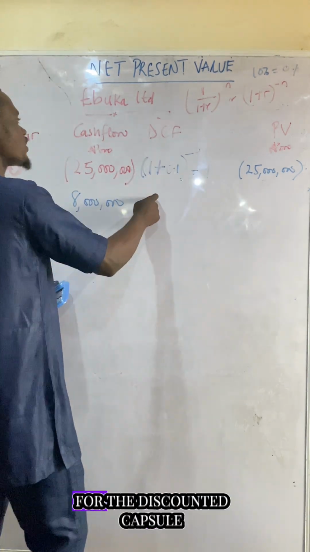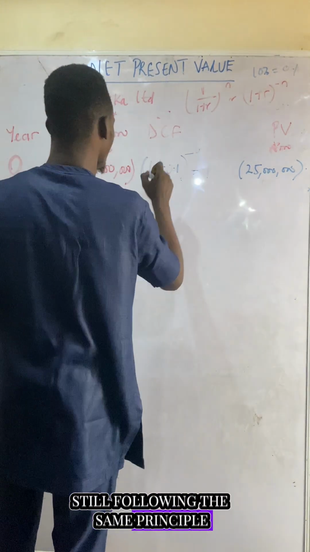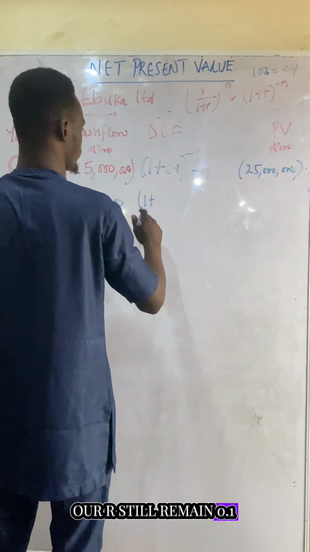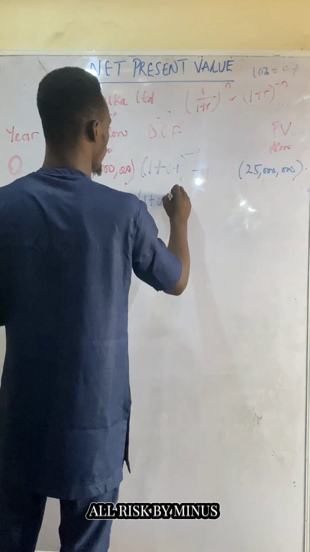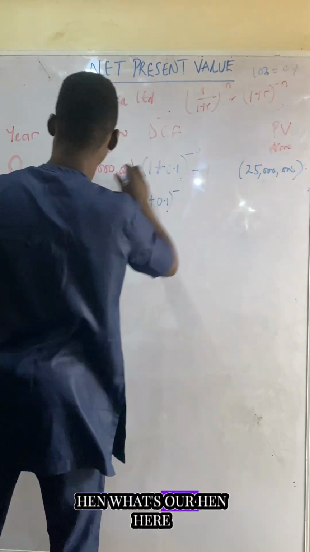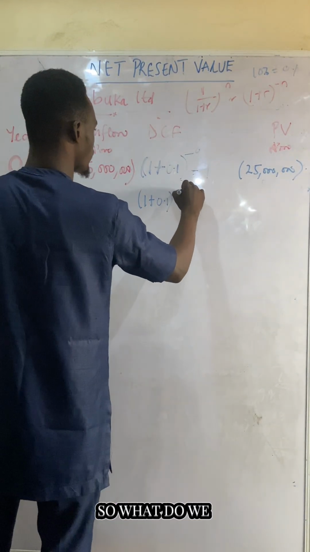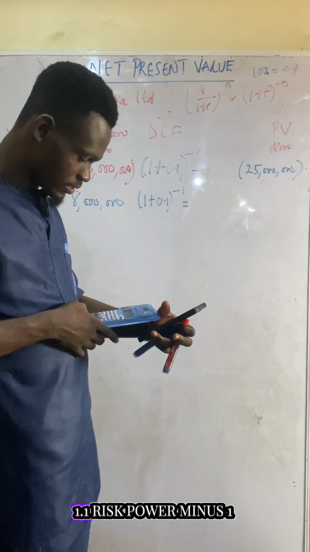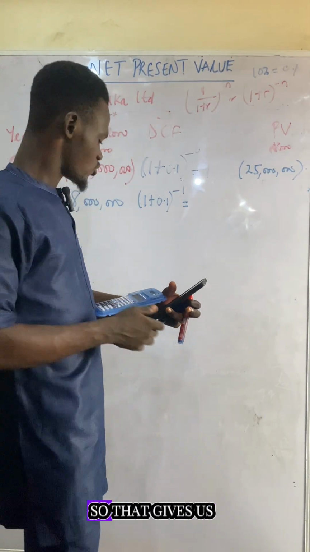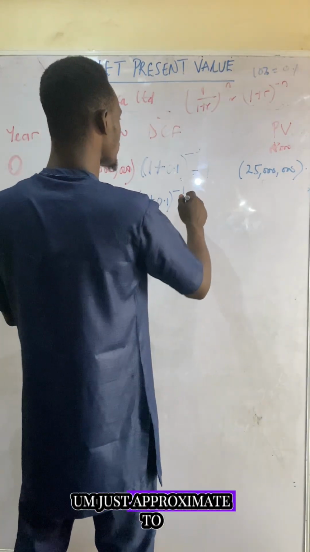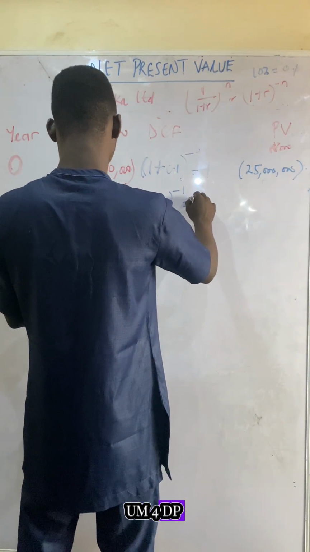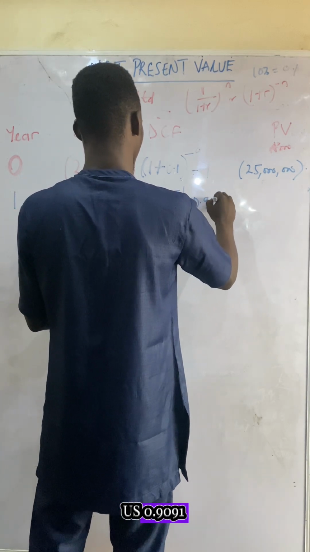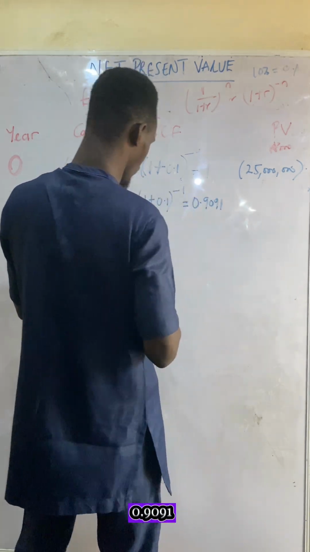To solve for the discounted cash flow of this, we follow the same principle. You have 1 plus our R, which still remains 0.1, all raised to power minus n. What's our n here? 1. So minus 1. What do we have as a final answer? We punch 1.1 raised to power minus 1, which gives us, approximated to 4 dp, 0.9091.